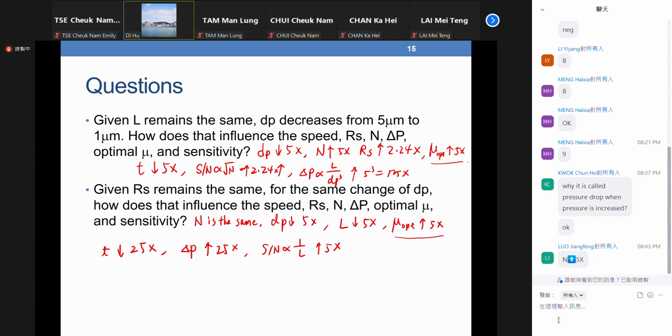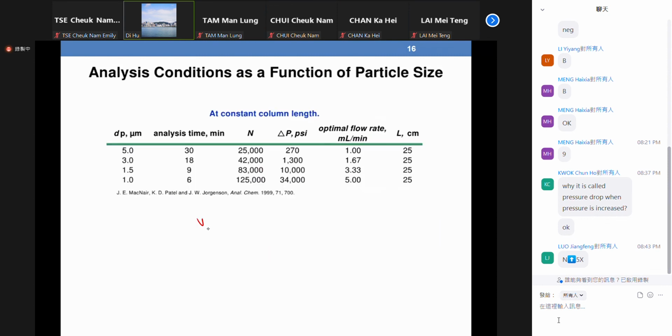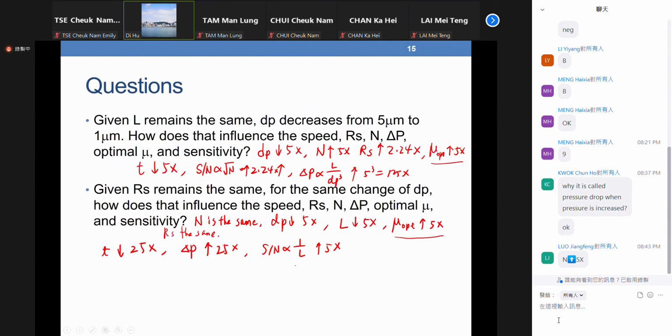However, you see the delta P pressure drop changed, and the resolution changed, because here N is the same. It's different, and the sensitivity needs to be calculated in different ways.